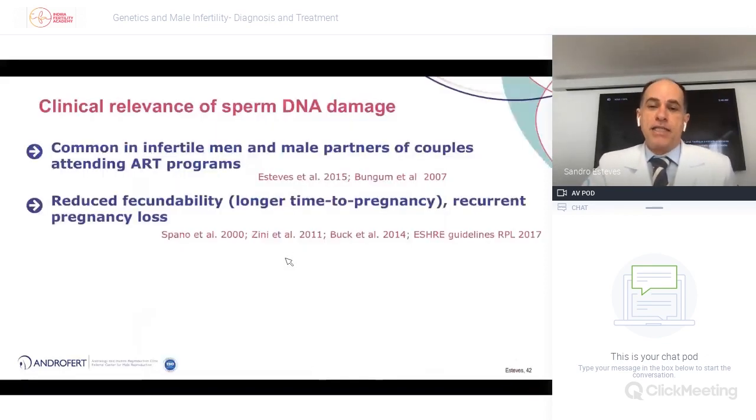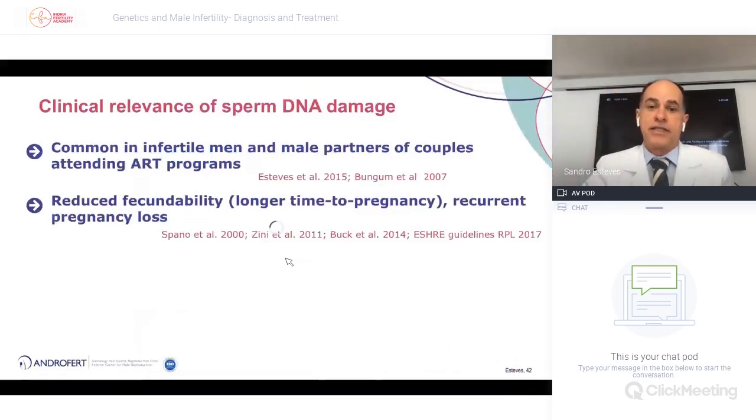Well, the clinical relevance of DNA damage is much more important than previously recognized. It's very common in infertile men and male partners of couples attending our programs. It has been associated with reduced fecundability, which means longer time to natural pregnancy, and also recurrent pregnancy loss.